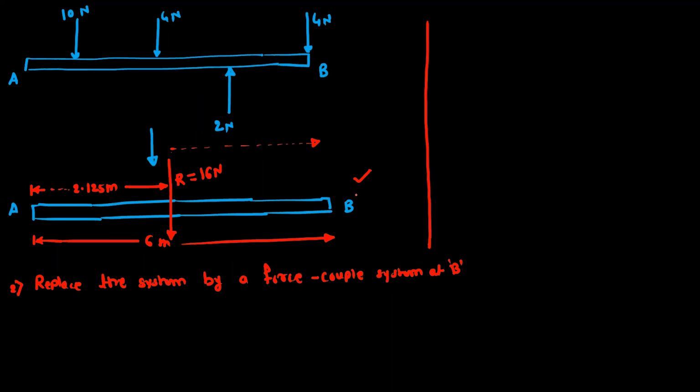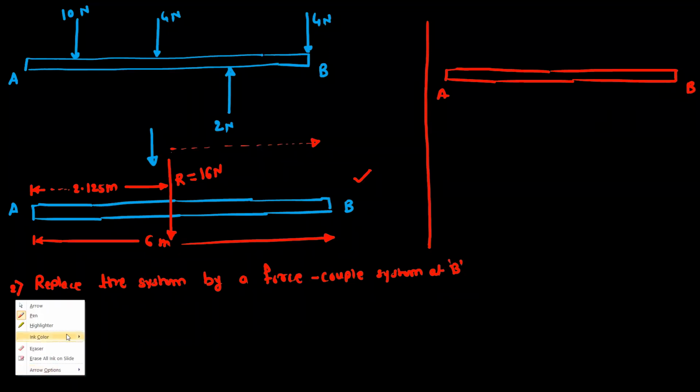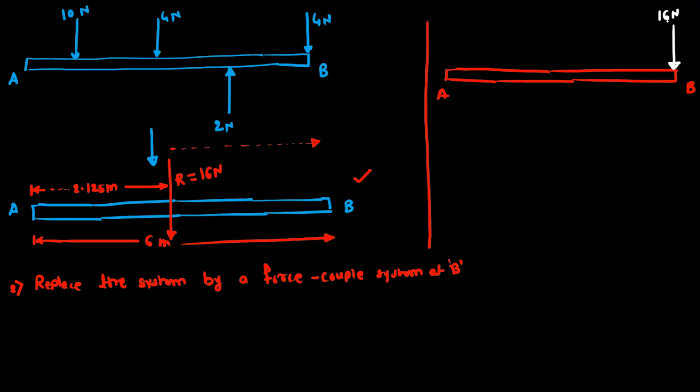So redraw rod AB. Now this 16 Newton, which is at distance 2.125, shift this force directly to point B. So this is 16 Newton.